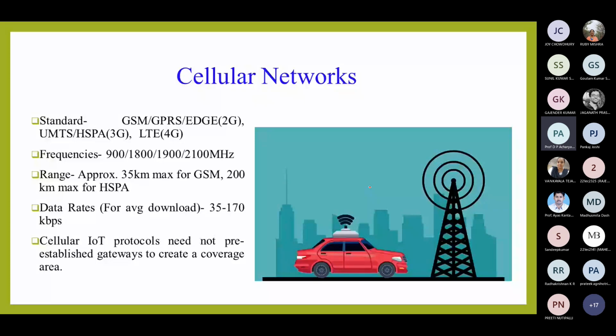And you can see the frequencies are 900, 1800, 1900, 2100 megahertz based on the region where you are operating. People tell that the range is 35 kilometers maximum for GSM. It's not actually true. You can't have 35 kilometers. It's actually less than that, 3.5 kilometers, I would say. And for HSPA, of course, it has a little larger range.